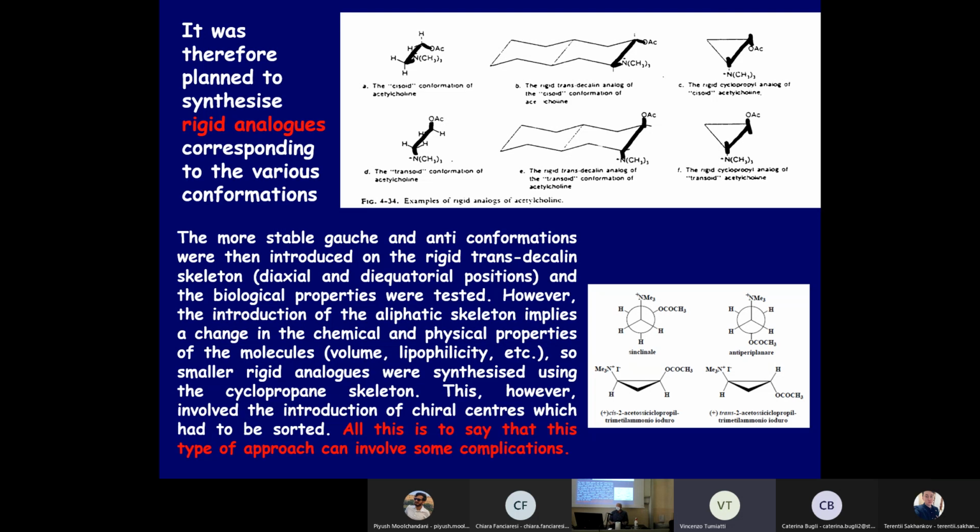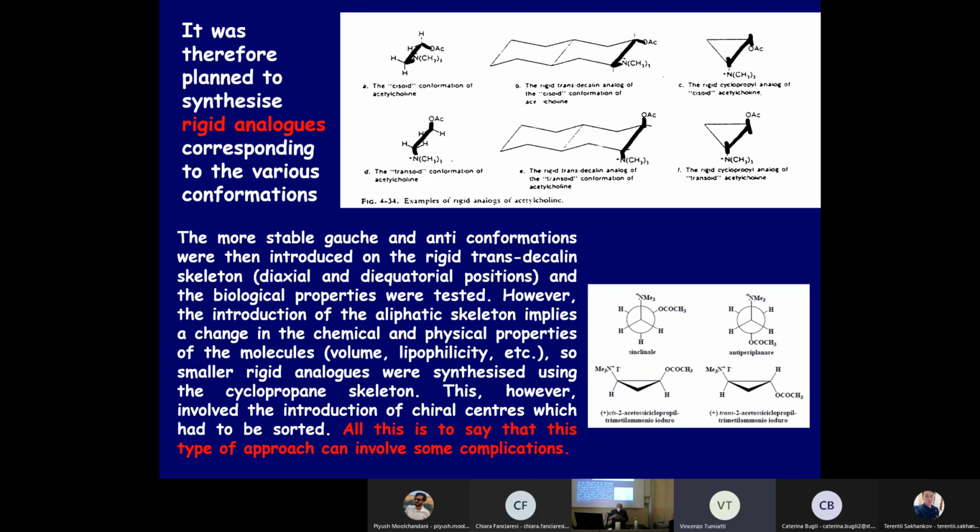Okay. If the molecule is already in the right conformation, you have a gain in potency, because this type of arrangement of the molecule is not necessary. In this case, if the schizoid conformation is the right conformation, you have a more potent result. But as you can see, the acetylcholine is mounted on a more lipophilic system, consisting of 2 cyclohexane rings.